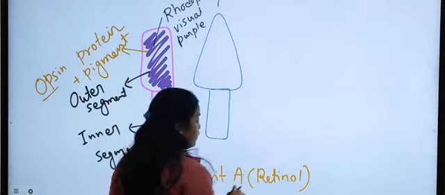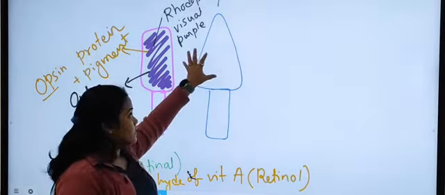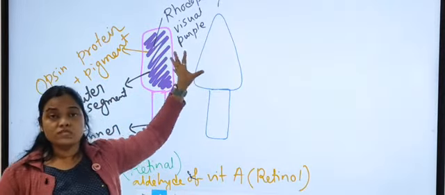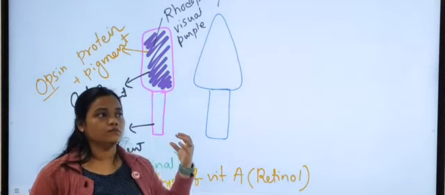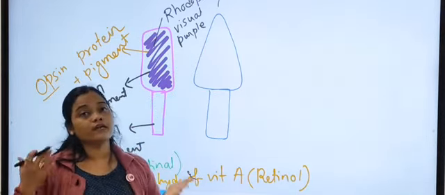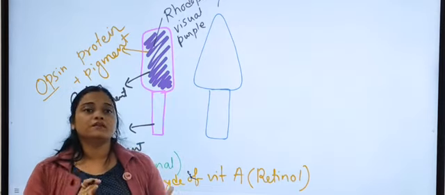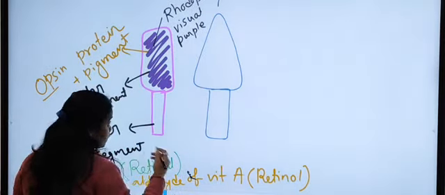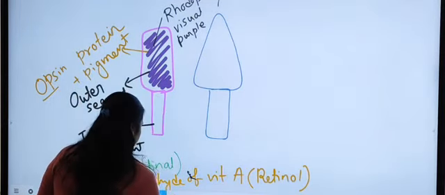But according to the trichromatic theory, there are three types of cone cells present in our eye, which respond to three different types of light having different wavelengths. So what are these three types of cone cells present in our eye?